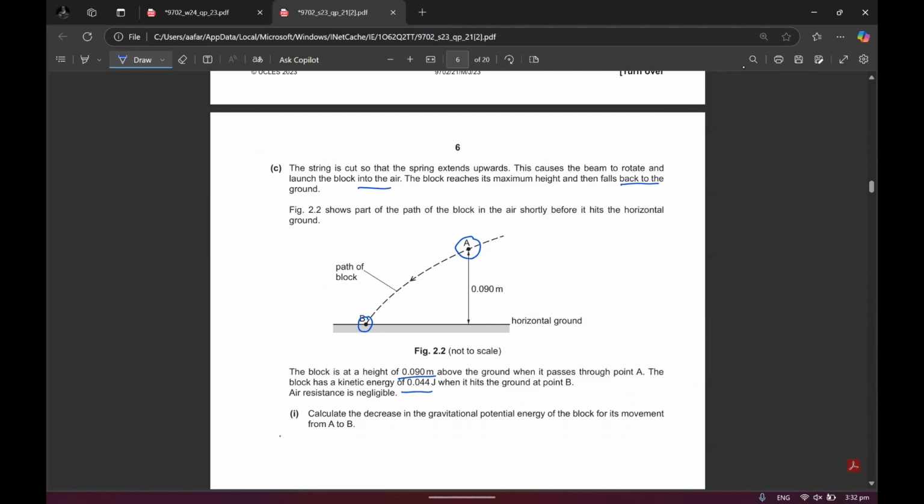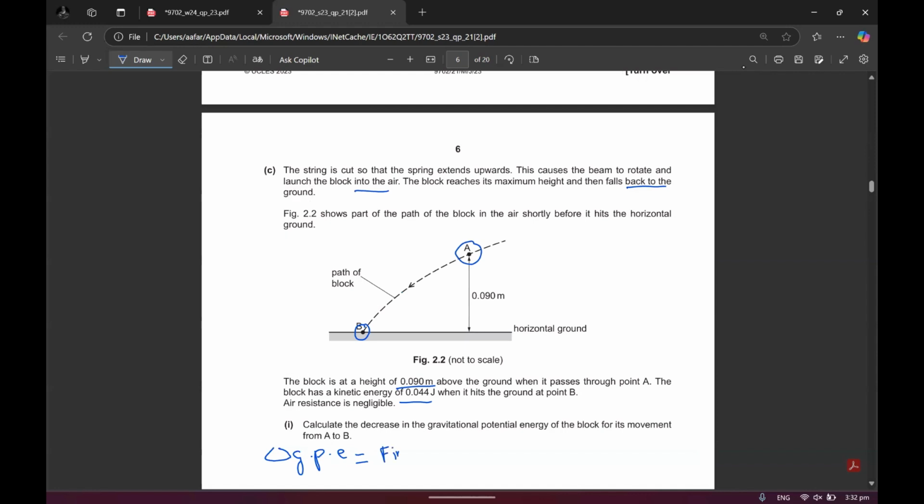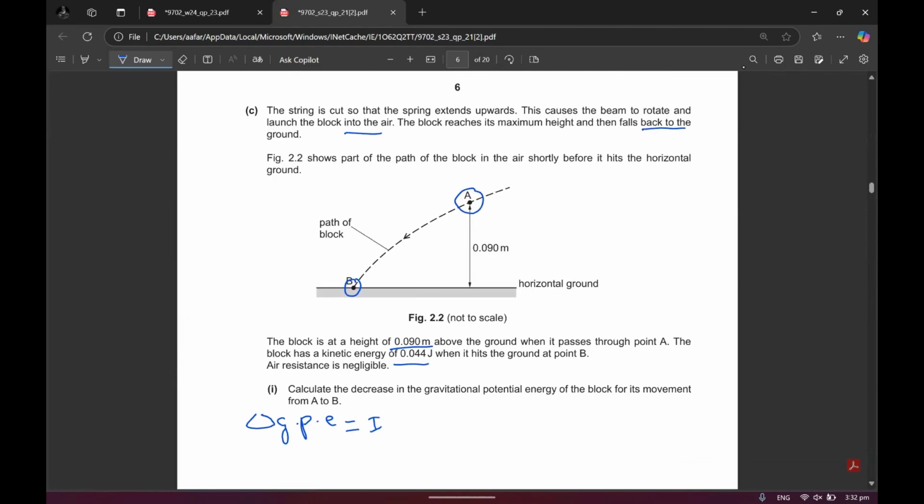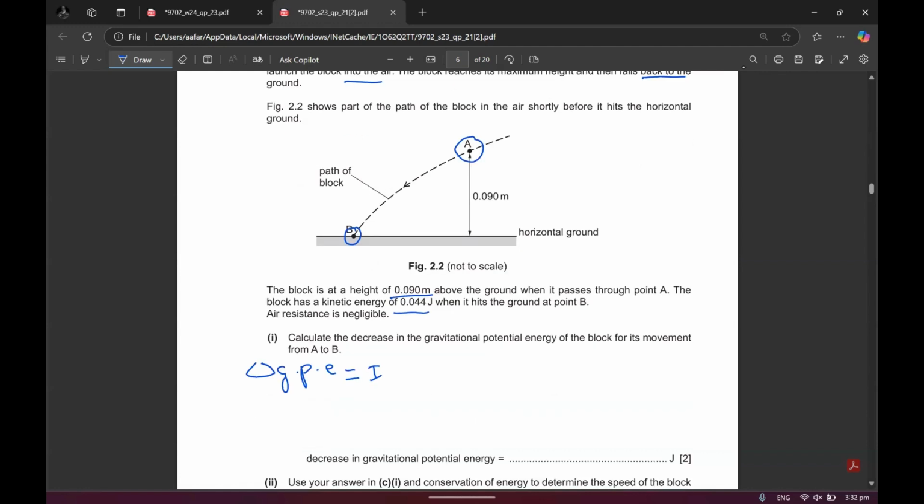So, the decrease in GPE. Initially it's saying decrease, so we can just do initial minus final to get positive.